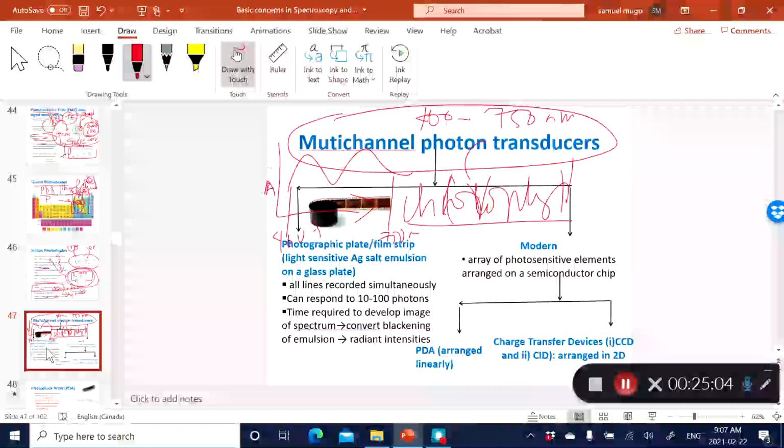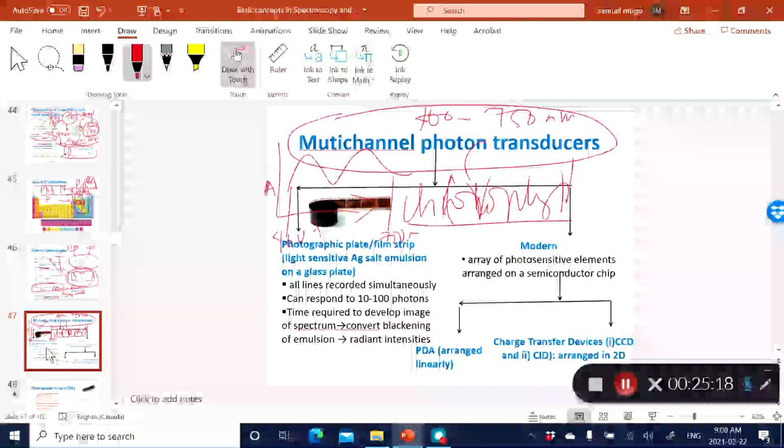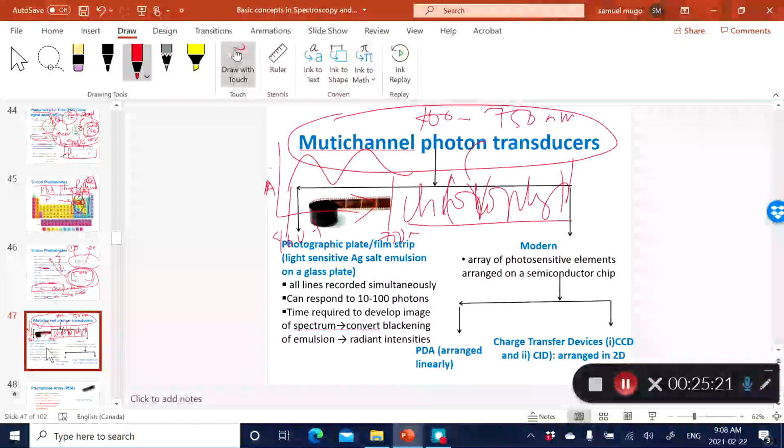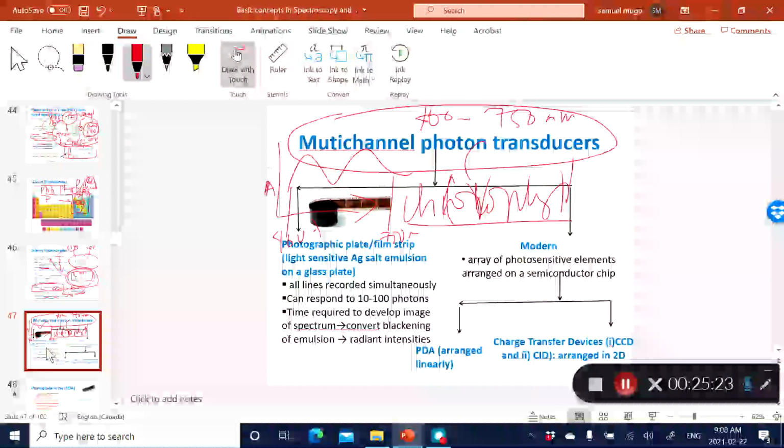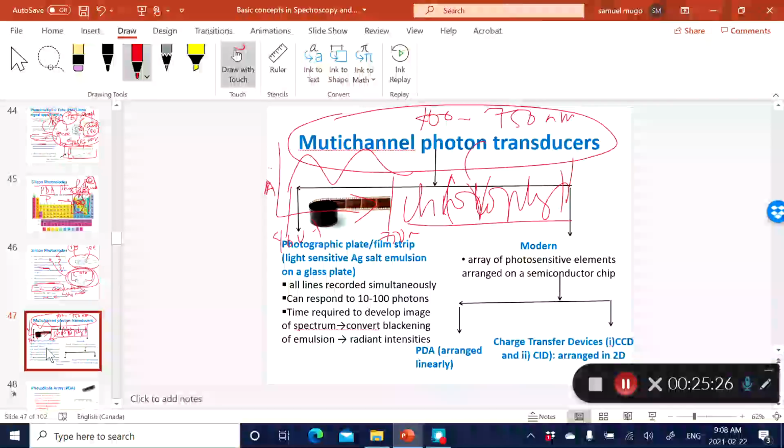Yet we can only detect one beam of light at any given time. So we said to do this, you can rotate the grating so that at any given time, only one beam is going through the exit slit.